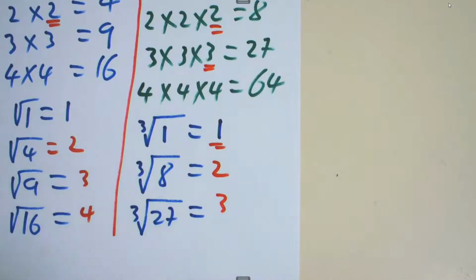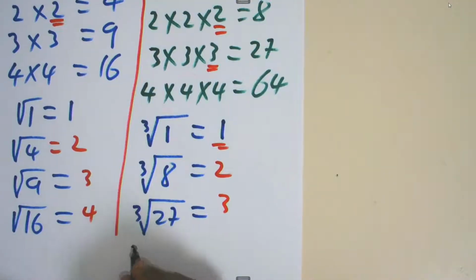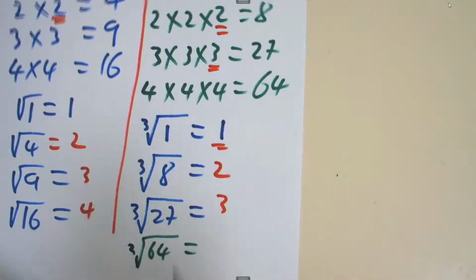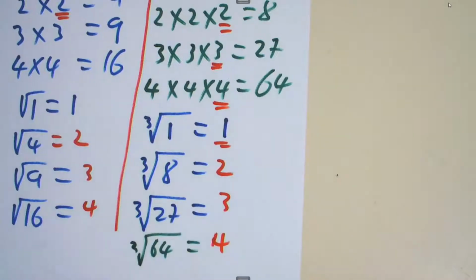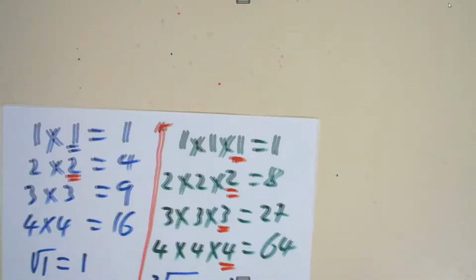What forms the cube root number 64? Is of course your 4. Now we are reminding ourselves, understanding a square and a square root.